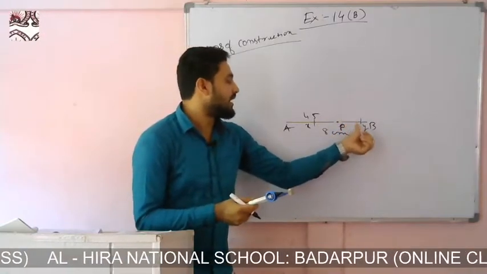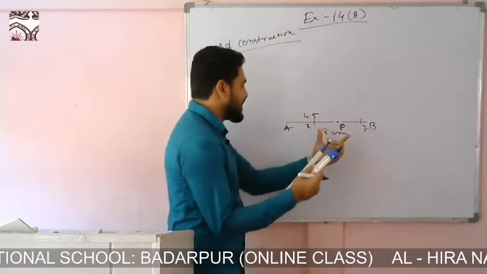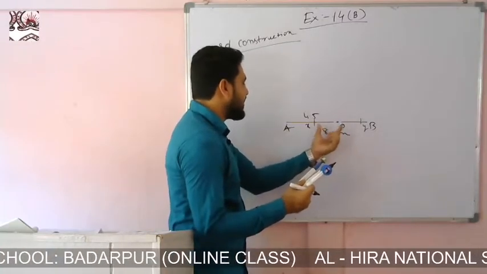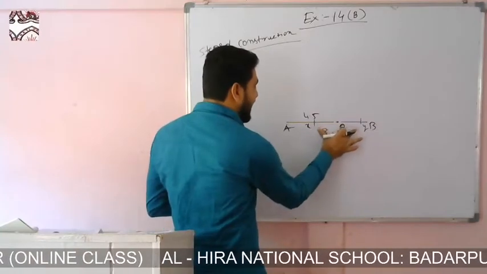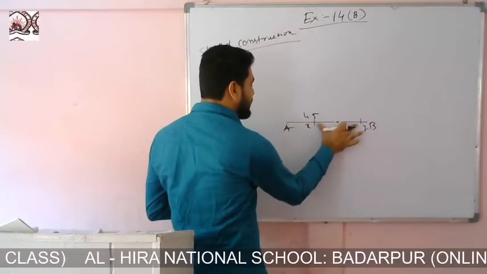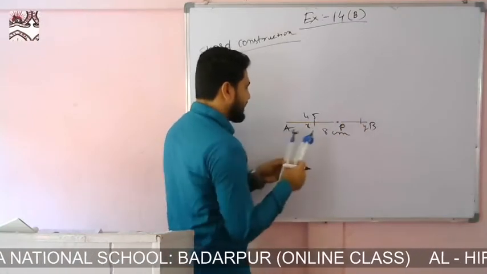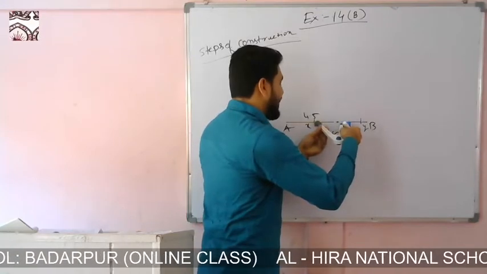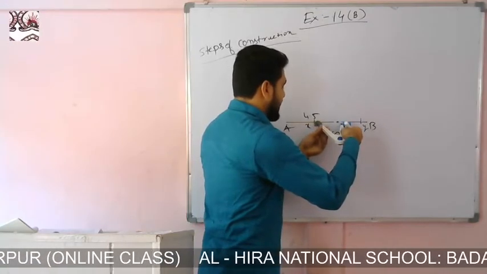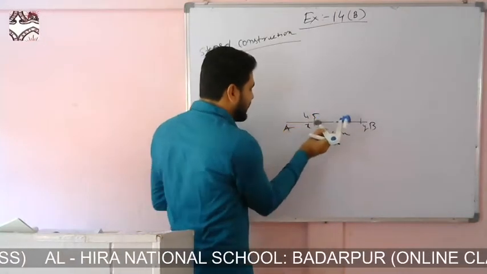Now you take a distance which is more than half of x and y. This is the distance between x and y, so you take more than half of this.